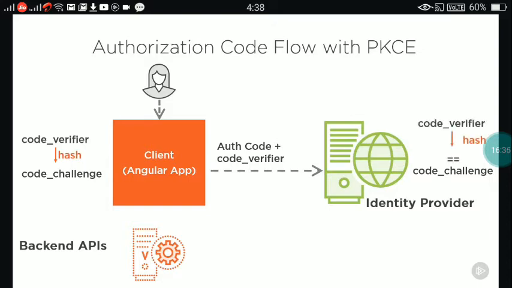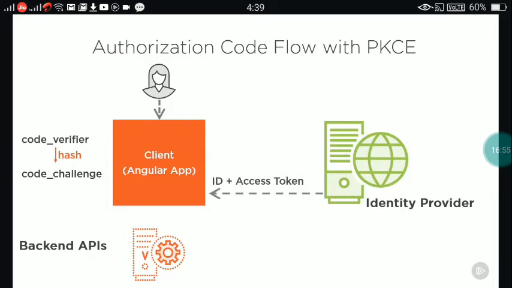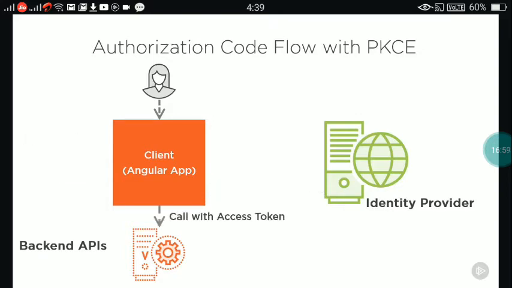The STS can then apply the same hashing algorithm to the code verifier and compare the result with the code challenge that was sent by the client at the beginning of the process, which ensures that it is the same client using the authorization code as it was intended for. The token endpoint call returns a payload containing the ID and access tokens that the client needs to call the approved resources, which are identified by the scopes configured for the client and returned as claims in the access token.